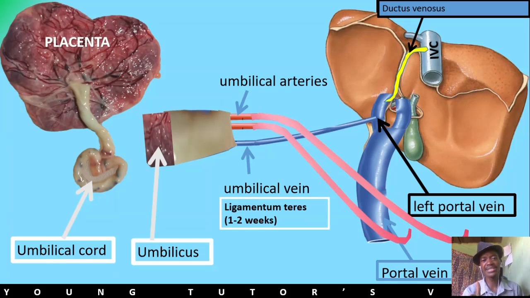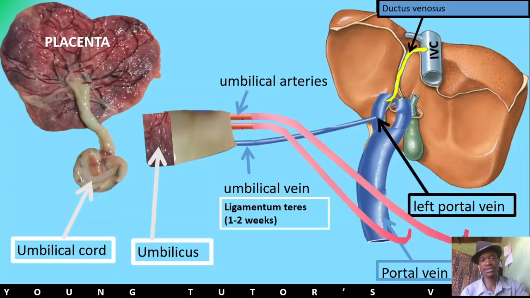So this process actually takes some time. It can take 2 to 3 months for the umbilical arteries just to change their structure from vessels to ligaments. So what will happen is that on the proximal aspect, where they are originating from the internal iliac arteries, these umbilical arteries will give branches to the urinary bladder.